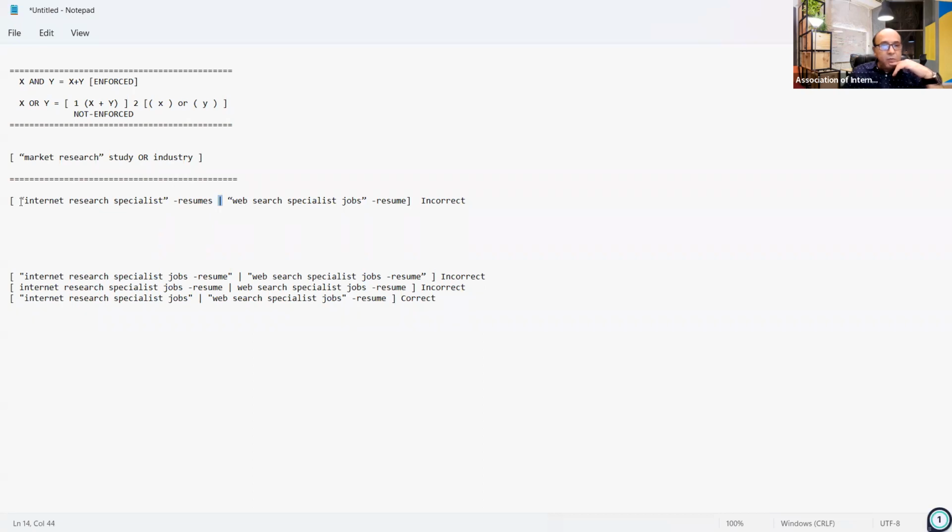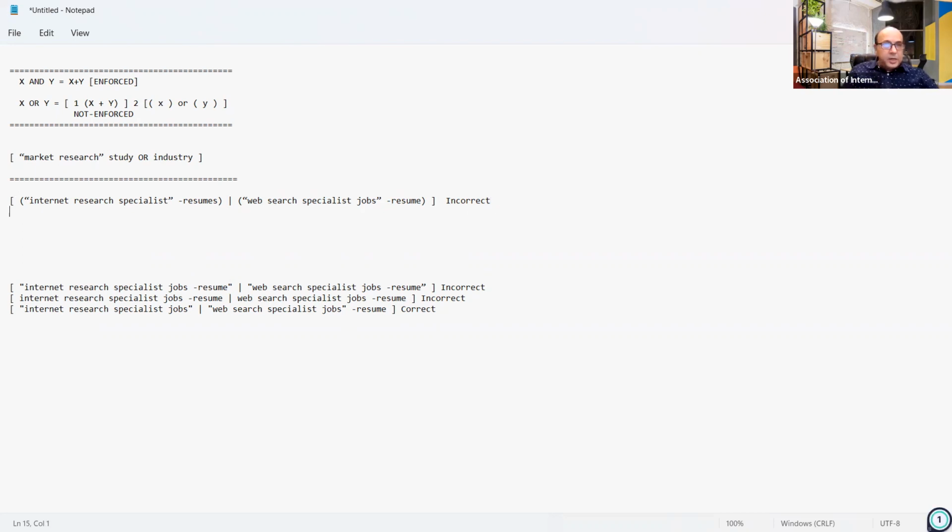Either of these two would work. Essentially, the mistake is over here. So let's suppose these are the two sets. I'm just putting the parentheses for explaining things, just to group it. So the thought was that this could be one group and this could be another group. You cannot write it like this.